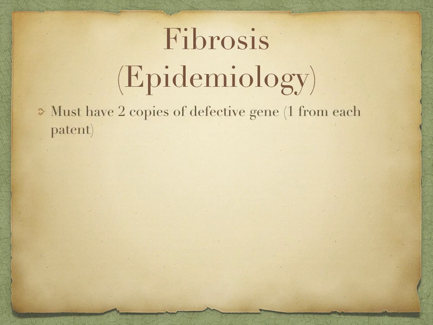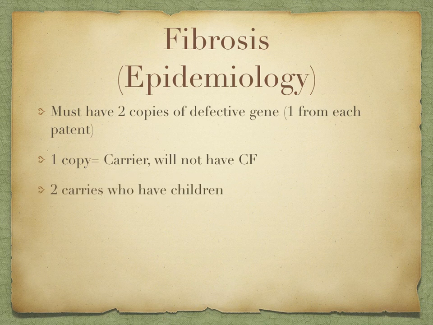Okay. Epidemiology here. There must be 2 copies of the defective gene, one from each parent. If you have 1 copy, you're a carrier, but you will not have CF. If you have 2 carriers, so if my wife and I were both carriers and we had a child, we'd have a 25% chance that the child will have cystic fibrosis.